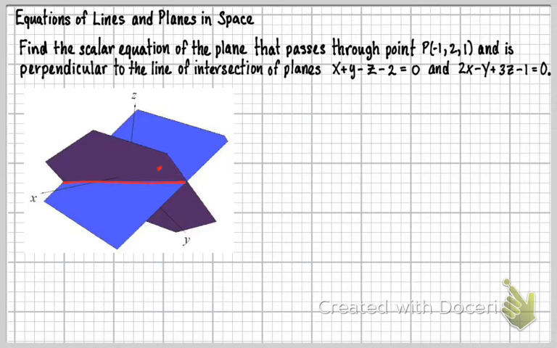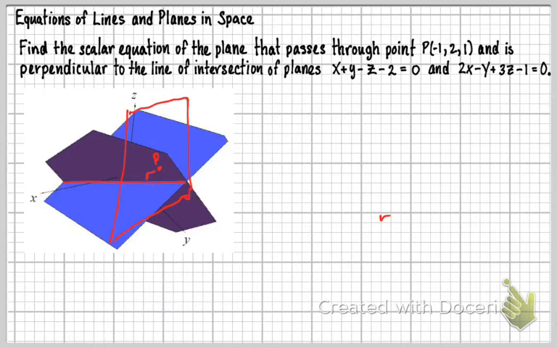Okay, so now looking at this, we're trying to find a plane, right? Find the scalar equation of the plane. It contains this point P here, and it's perpendicular to that line.